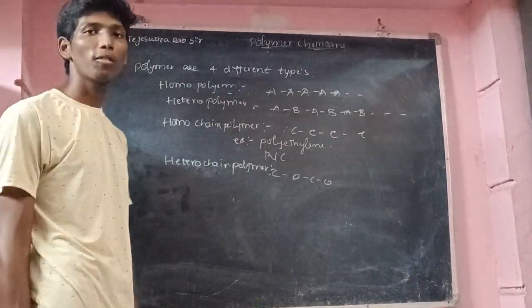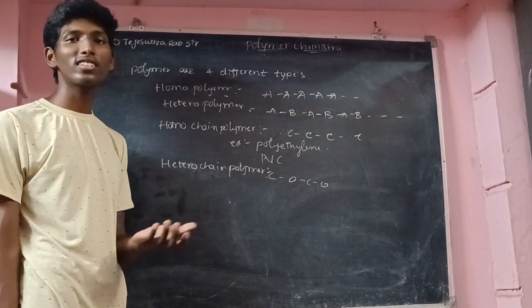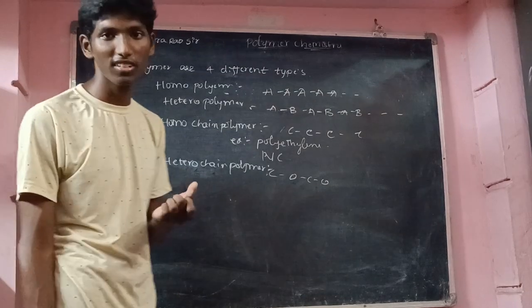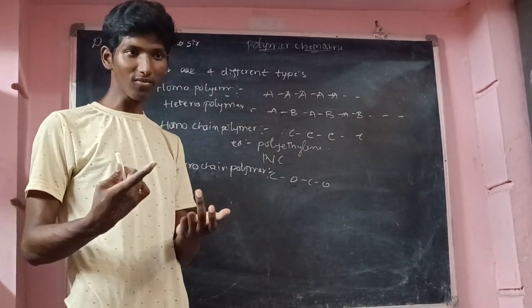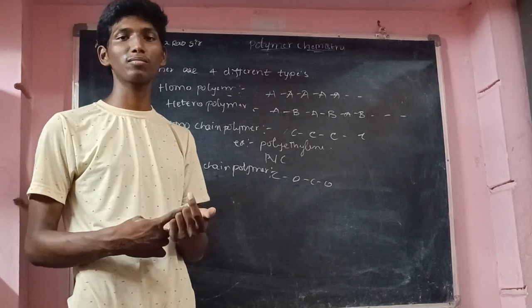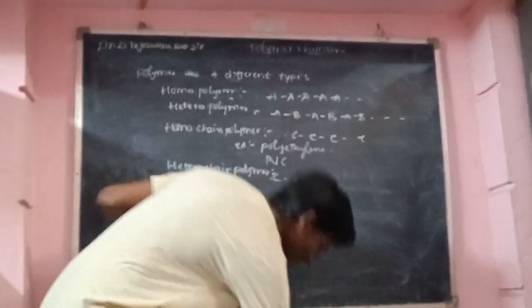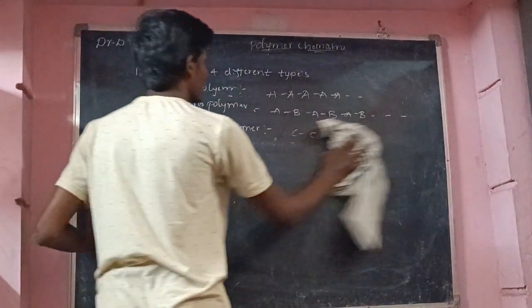In polymerization, there are three different types: addition polymerization, condensation polymerization, and coordination polymerization. Let's discuss addition polymerization.